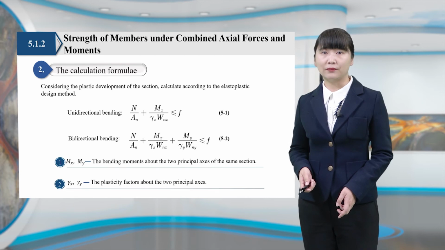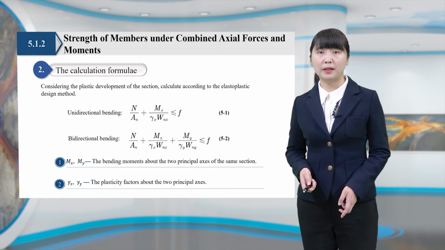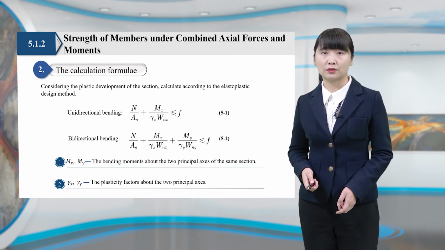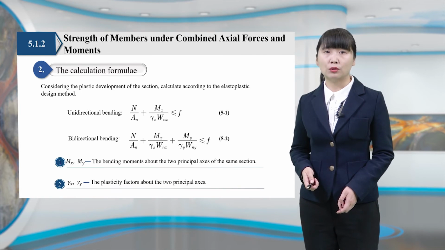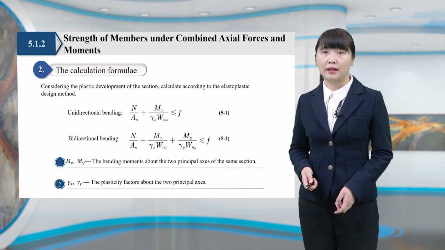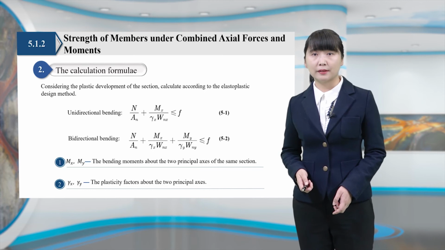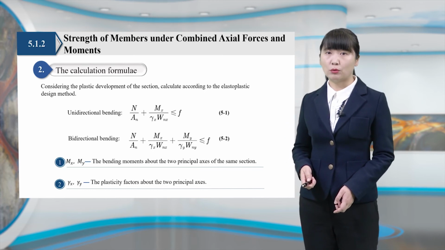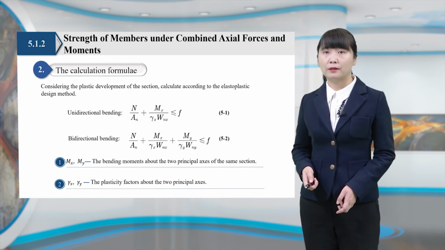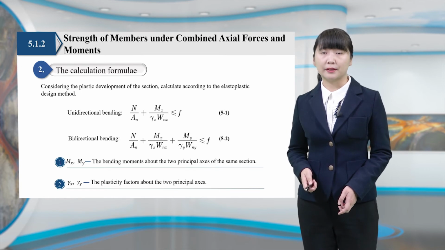Considering the plastic development of the section, calculate the strength of the beam column according to the elastoplastic design method. For unidirectional bending beam column, equation 5.1 is used to calculate its strength, while for bidirectional bending beam column, equation 5.2 is used to calculate its strength.